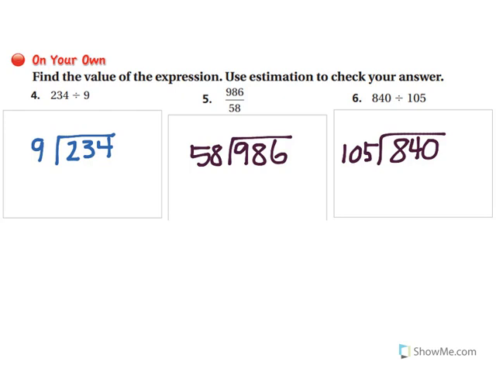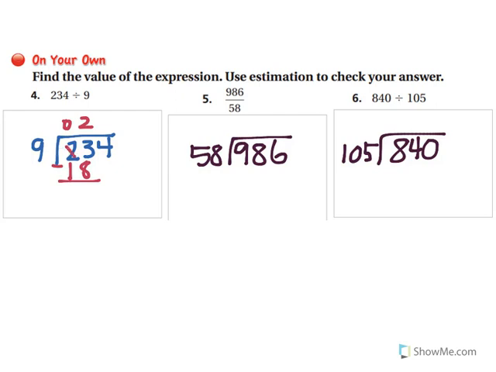All right, let's go ahead and try out these 3 problems, see how we do. For our first one, we have 234 divided by 9. So, 9 cannot divide into 2, so I'll put a little 0 there. It goes into 23. Well, 9 times 1 is 9, 9 times 2 is 18, 9 times 3 is 27, so it goes in twice. So I get 18. I'm going to subtract.